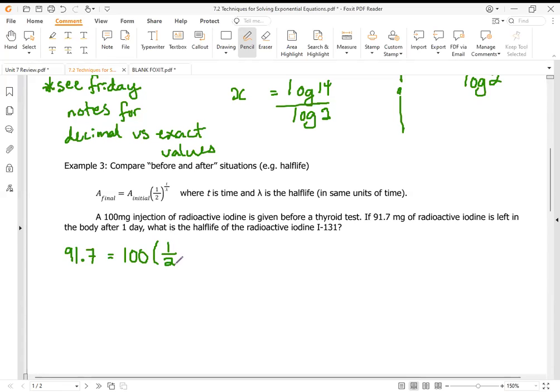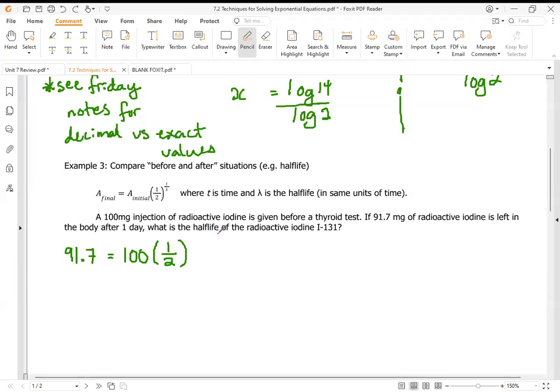Since we're dealing with half-life, the base is half, 0.5. Time is 1 day, but you can set the time to be any unit you want. Do we want days? Hours? Minutes? Seconds? Years? Do we care? Hours, we can.